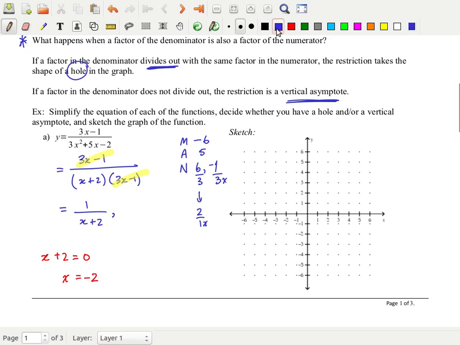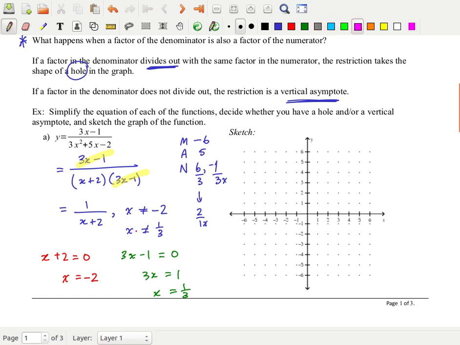So one of my restrictions, just written slightly differently, is that x is not equal to negative 2. And then I also have another restriction which occurs when 3x minus 1 is equal to 0, which is 3x equals 1, or x equals 1/3. And so I get a second restriction here, which is x is not allowed to be equal to 1/3.